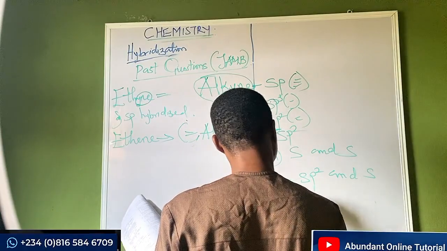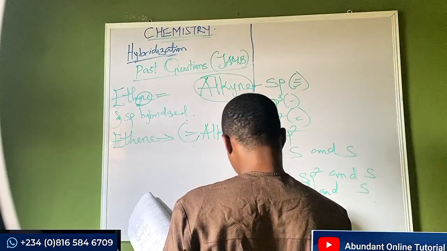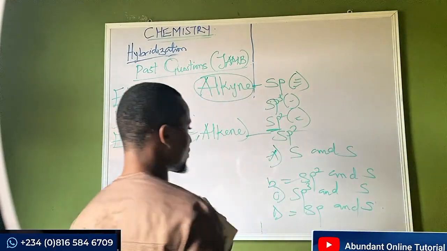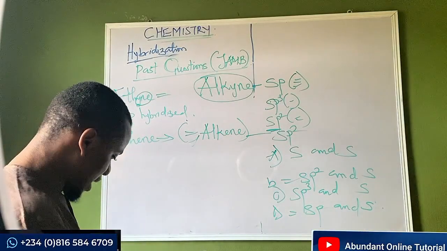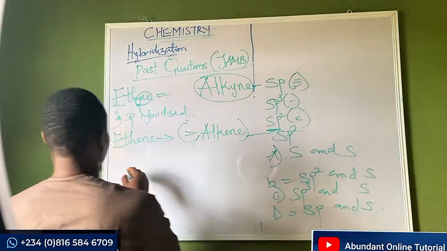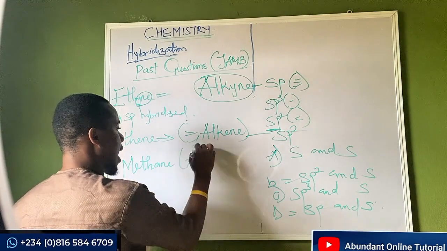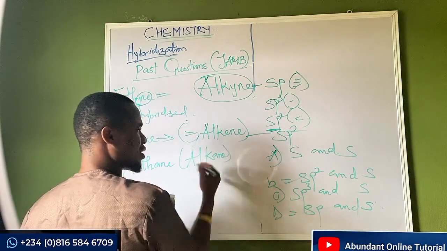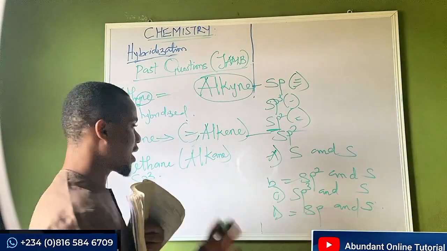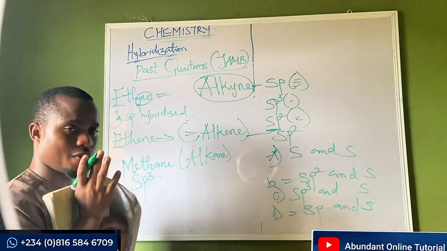C, we have sp3 and s. And D is sp and s. Please take note that methane, the first thing you have to notice, belongs to the group alkane. And you already know that alkanes are sp3 hybridized. Now you know one of the orbitals that overlaps.